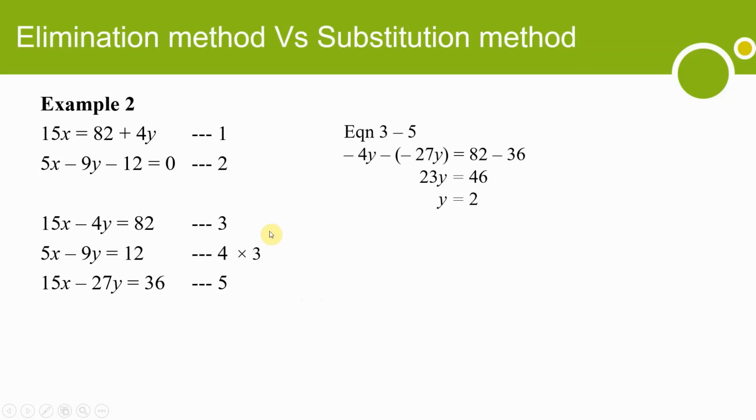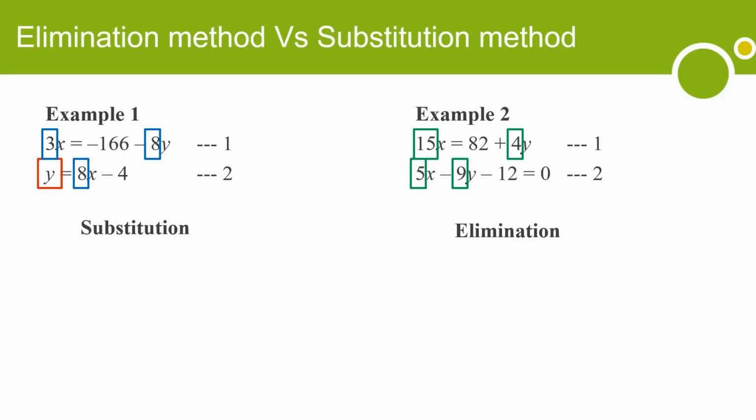Here, please be careful with the minus. We need to subtract the whole term by itself. Alright? And then you will get y equals 2. And once we get y equals 2, we can substitute y equals 2 into equation 1, and we will get x equals 6.